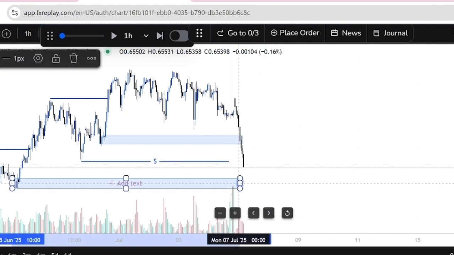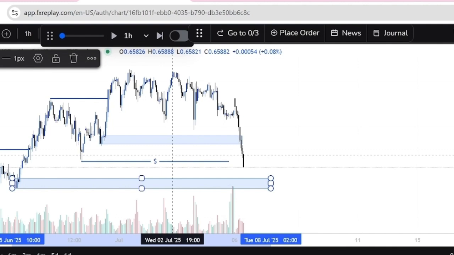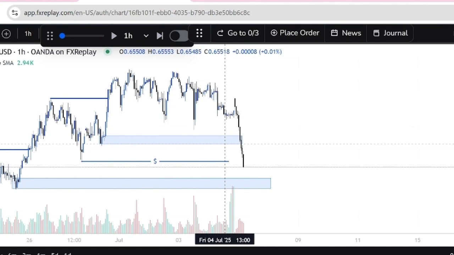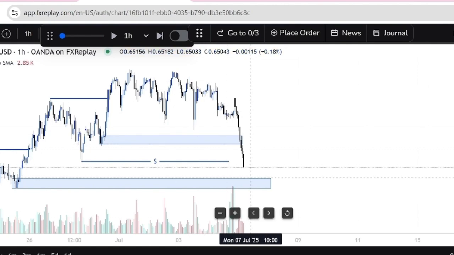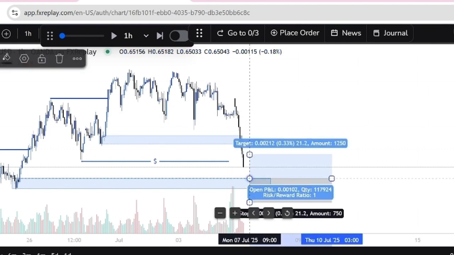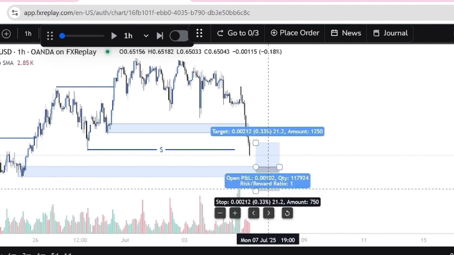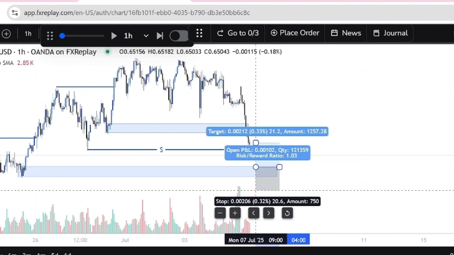So let's place our buy order and see what the market will give to us. At this point, we have our entry on the order block, with a stop loss right below.